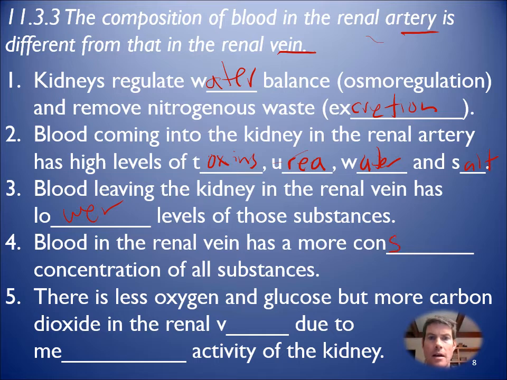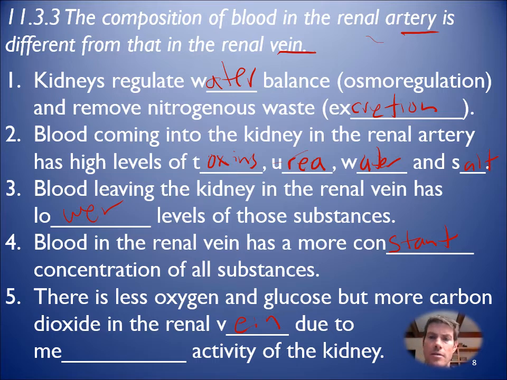And the levels of these substances are usually constant no matter what. You're drinking more water, more water is going to be coming in, but what's leaving your kidney is generally going to be the same. And there's less oxygen and glucose, but more carbon dioxide in the renal vein, because your kidney uses a lot of energy, so it's going to use oxygen and it's going to use that sugar.